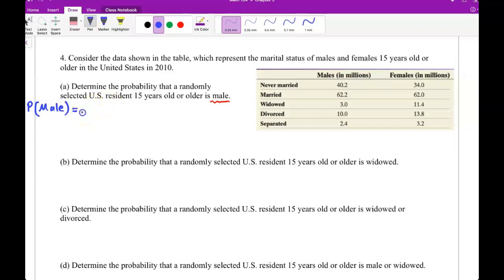That is equal to number of males divided by total number of outcomes. Let's write total.